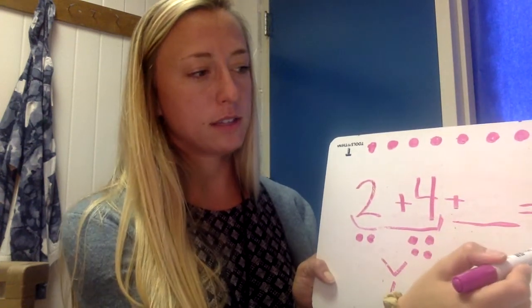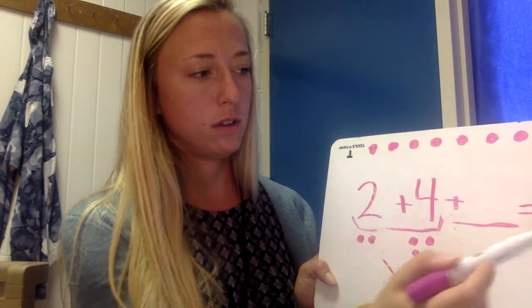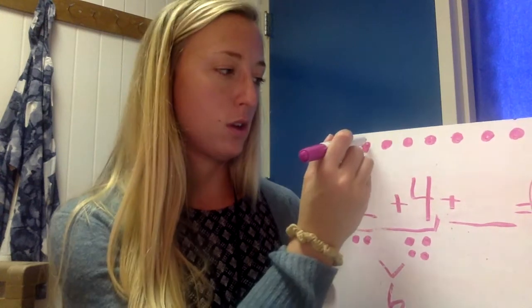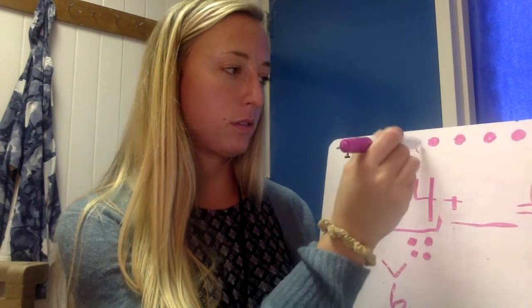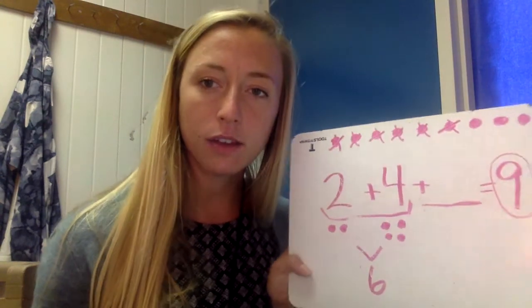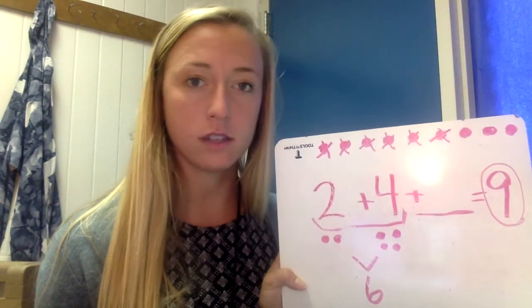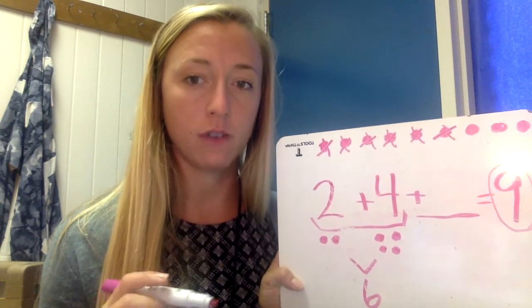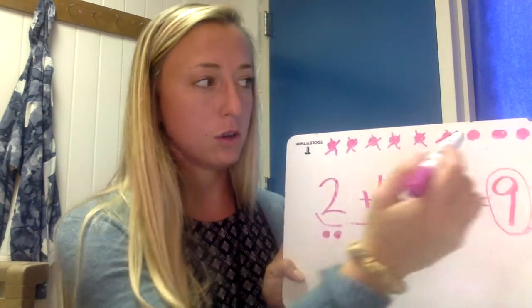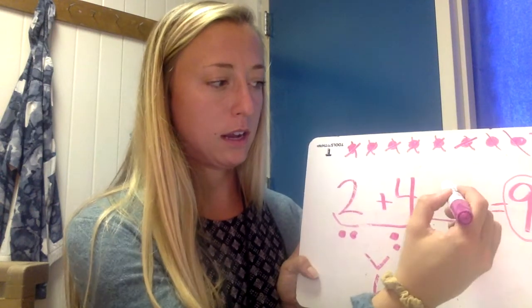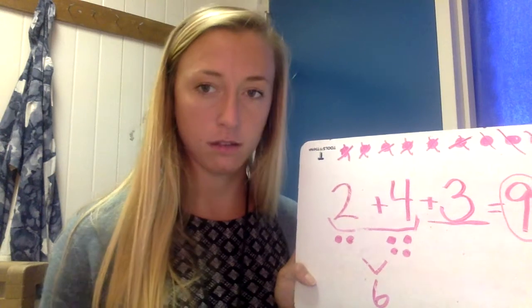We have 9 dots, that's our total. And we already have 6 of them, so I'm going to cross out 6. 1, 2, 3, 4, 5, 6. And I look at how many are not crossed off. And I would have to then cross those off to get to 9. So I could go 1, 2, 3. And I know that my answer is 3.